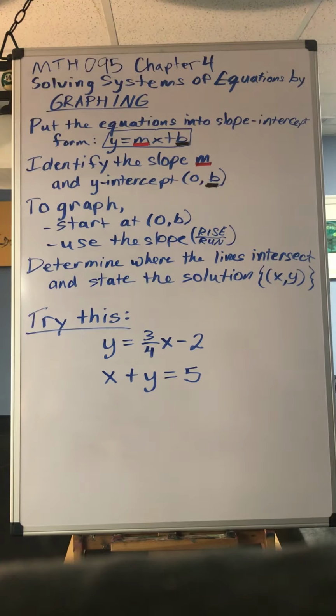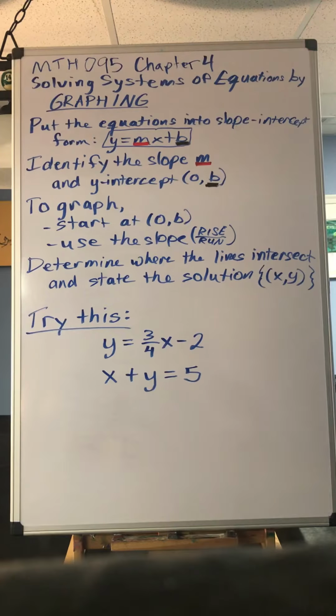So in chapter 4, we are solving systems of equations by graphing. Now, I know that we covered this section before, but we're going to cover every section in chapter 4, so you get a recap. If you're going to solve a system of equations by graphing, the first thing you need to do is put the equations into slope-intercept form, which of course you know is y equals mx plus b.